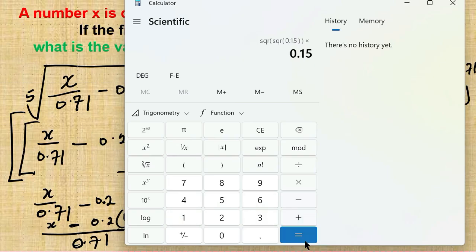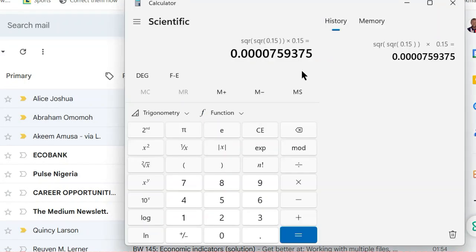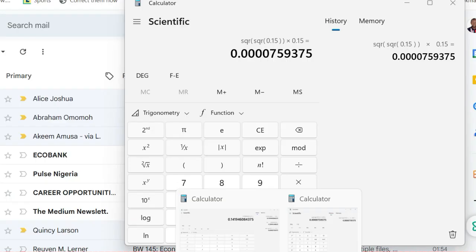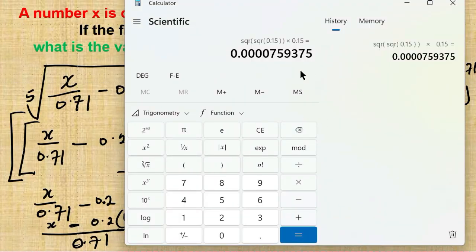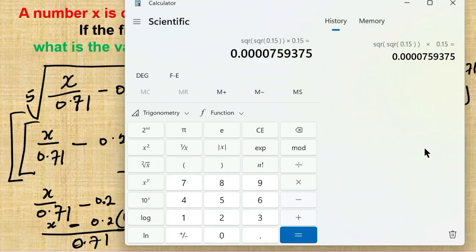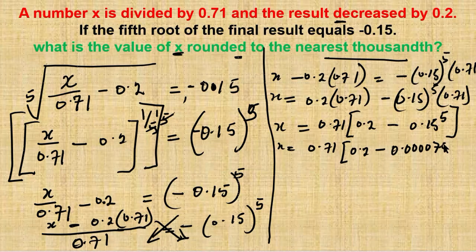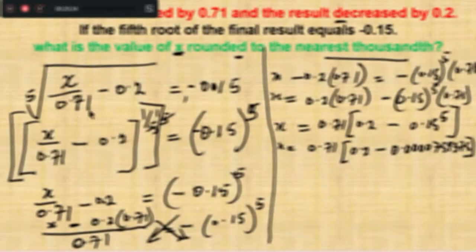You can take your time to do it one after the other, and you get the same thing. That gives 0.0000759375.